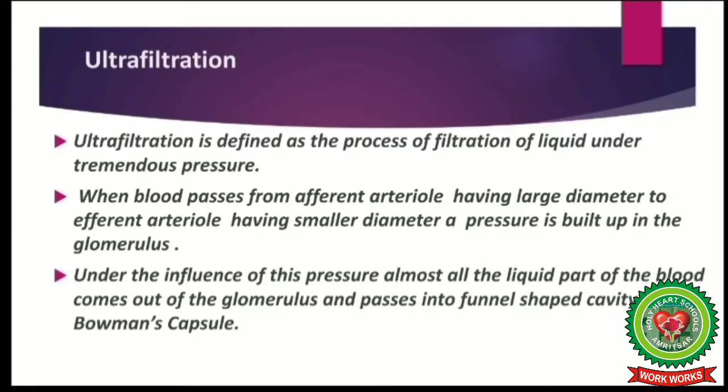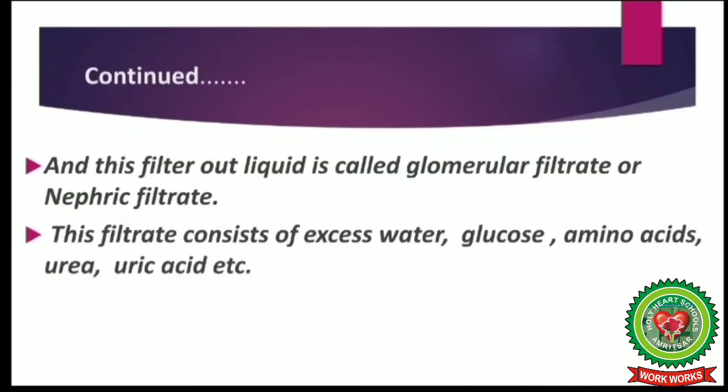Under the influence of this pressure, almost all the liquid part of the blood comes out of the glomerulus and passes into the funnel-shaped cavity called Bowman's capsule. This filtered-out liquid is called glomerular filtrate or nephric filtrate.